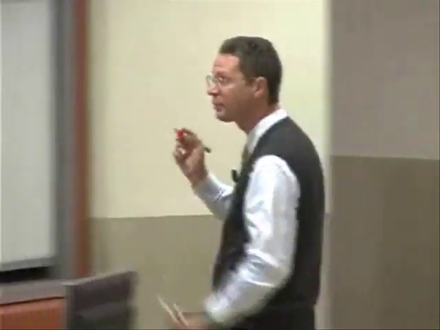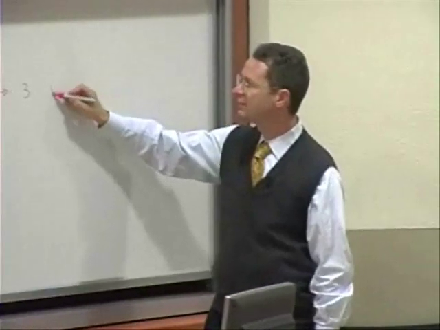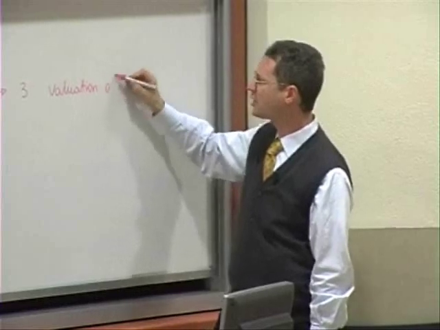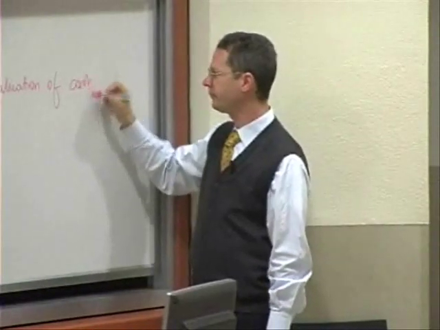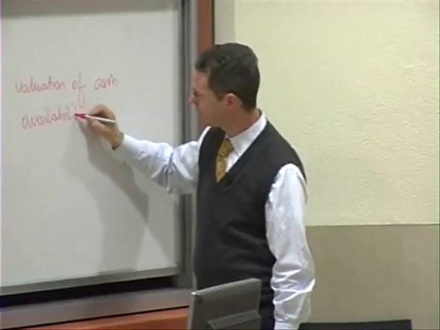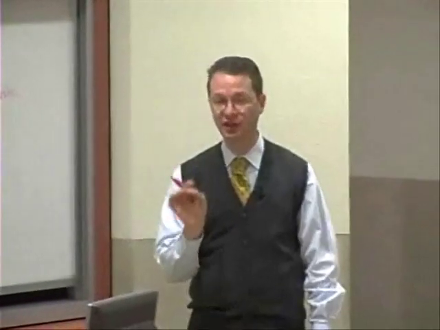But there is an additional point on which banks must give us their approval, and it is the valuation of cash availability during all the years where the loan must be repaid.